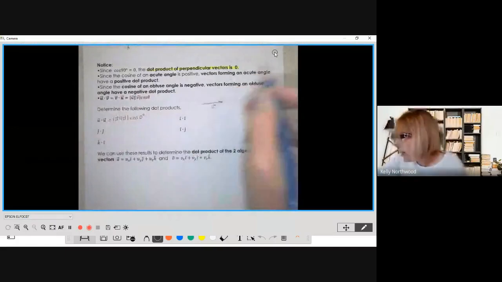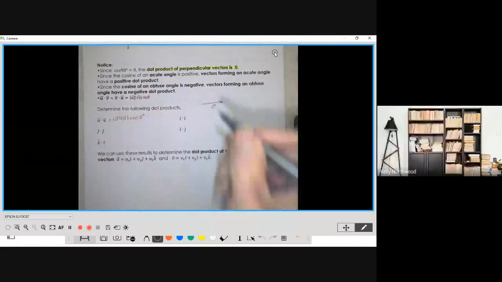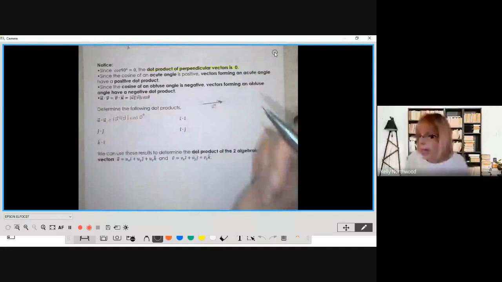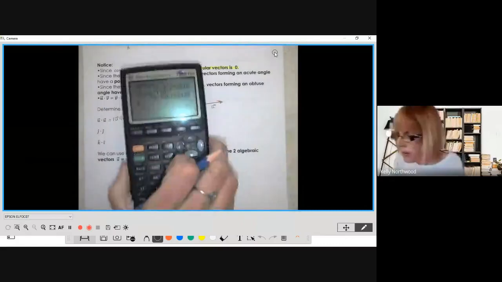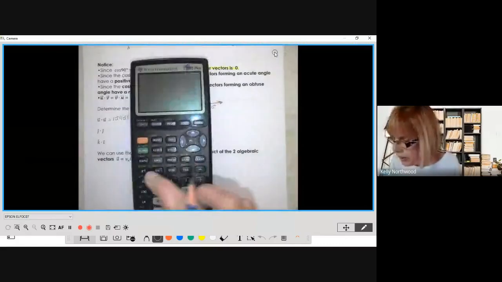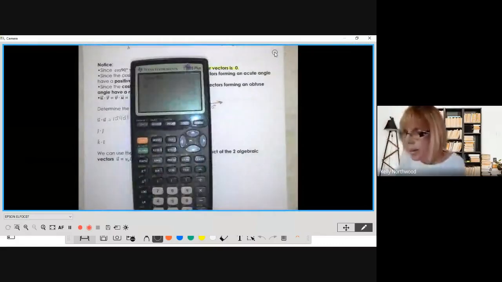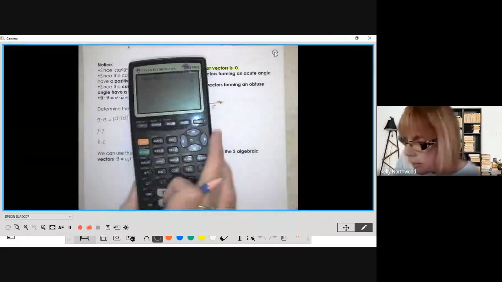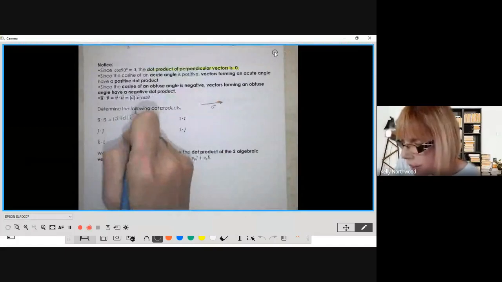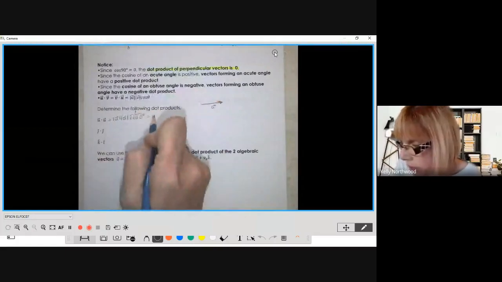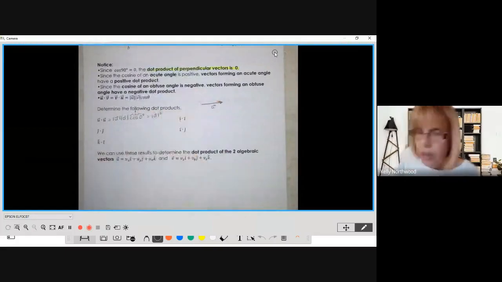Those are the same vector, so the angle between them is 0 degrees. And the cosine of 0 degrees, if you haven't got it memorized, is 1. So it's magnitude of u times magnitude of u times 1, which gives you the magnitude of vector u squared. So if you dot a vector with itself, you get its magnitude squared.